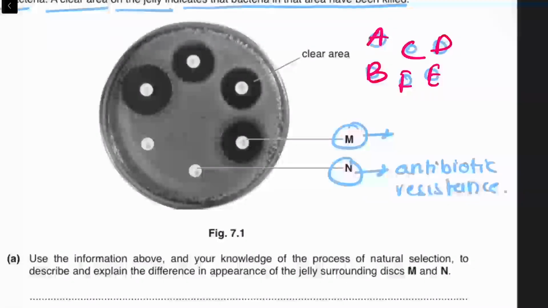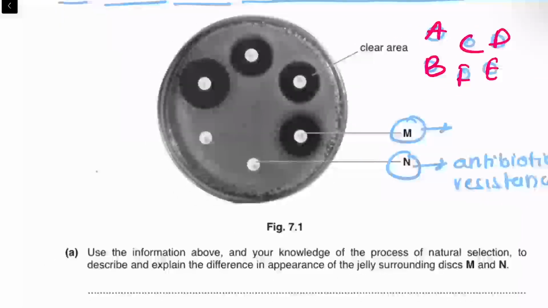So if you get an infection from a bacteria that is resistant to antibiotic X, and you take antibiotic X for that infection, what's going to happen is you will not kill the bacteria, it will continue to survive.